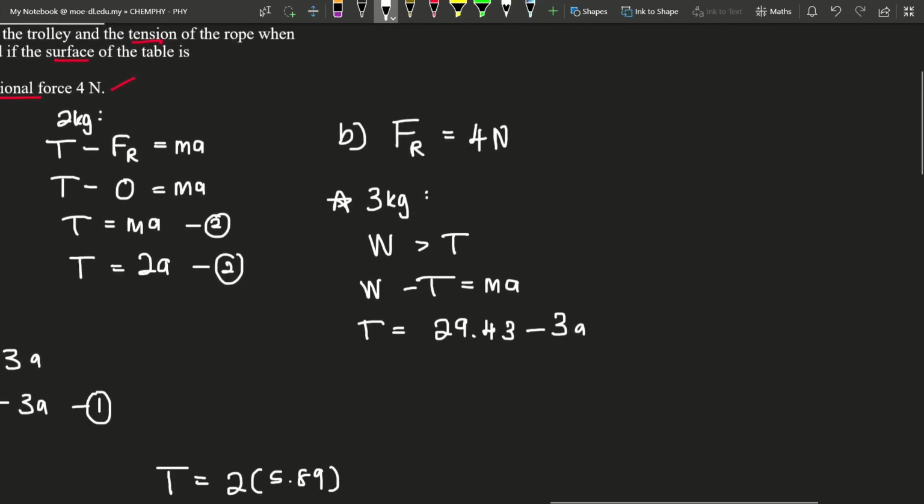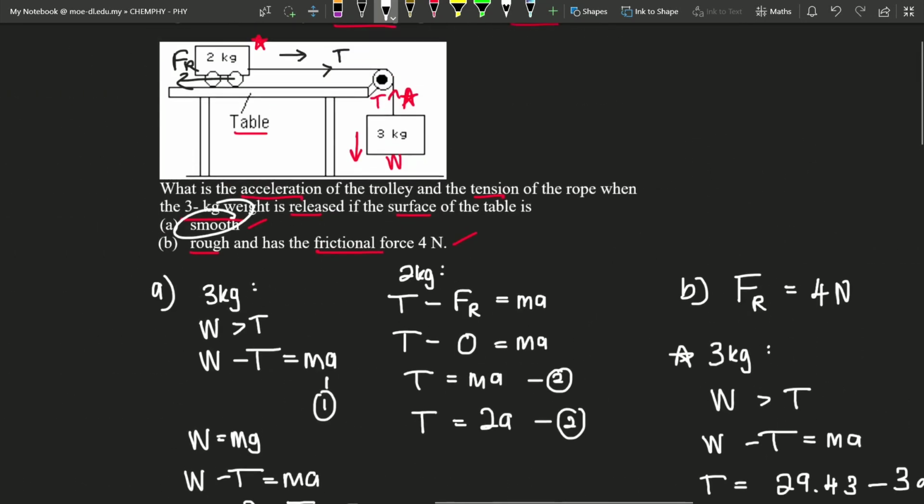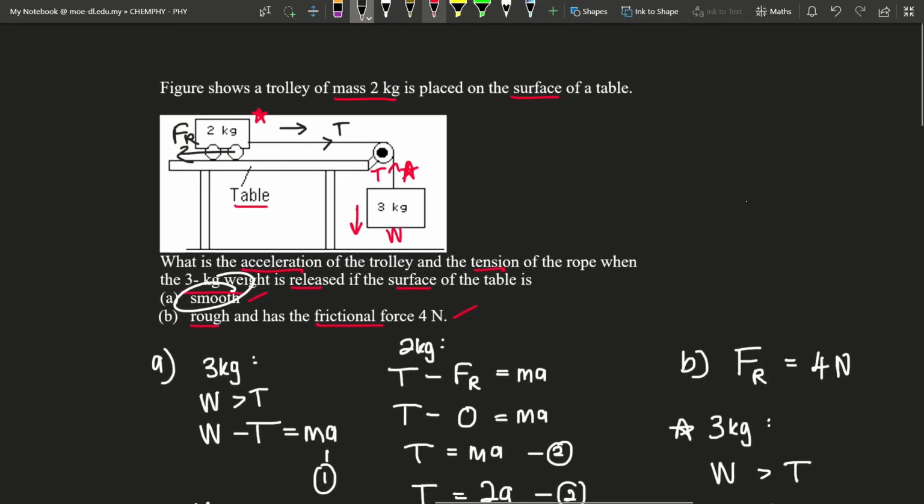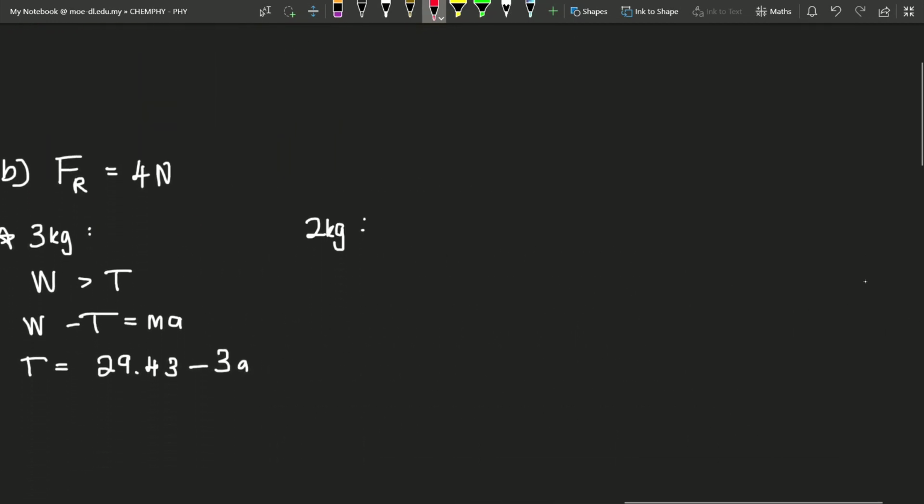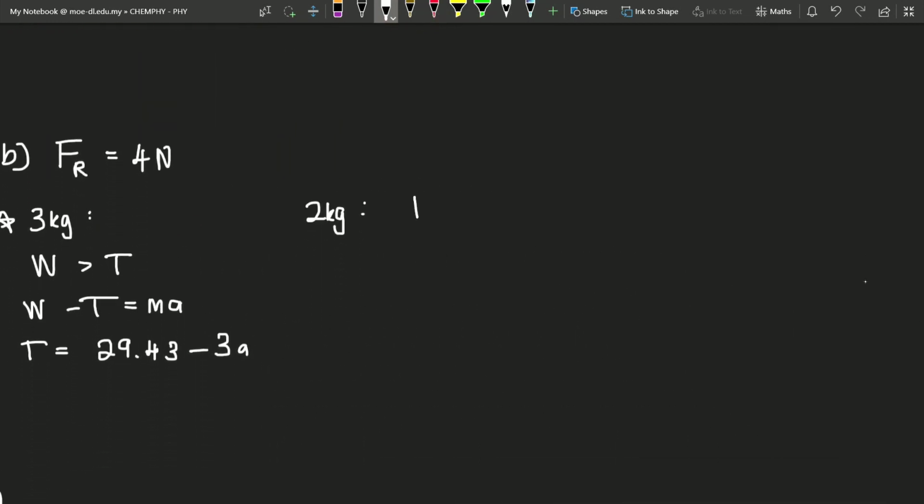But for 2 kg objek, ini dia bagi daya geseran 4 Newton. So kita tahu daya yang menarik dia, kalau tengok gambar, dia bergerak disebabkan daya tegangan tali. Tapi pada masa yang sama kita ada daya yang melawan. Kita punya daya geseran 4 Newton. So you tahu disebabkan gerak ke kanan, so T bigger than frictional force.